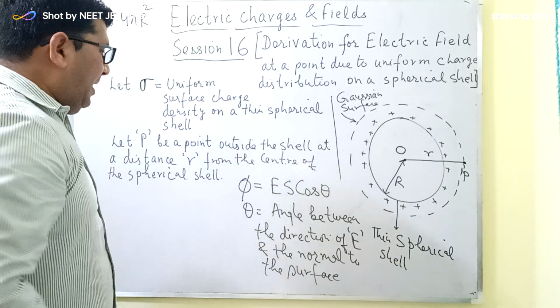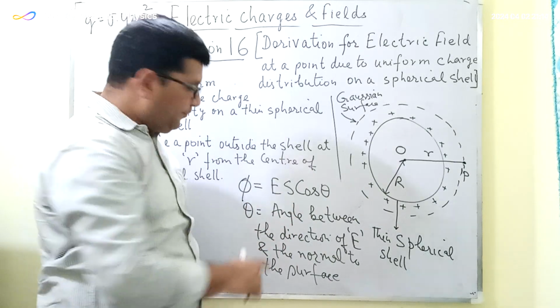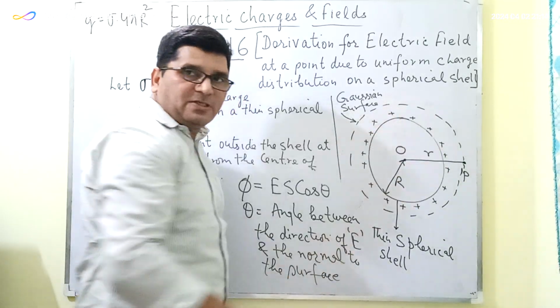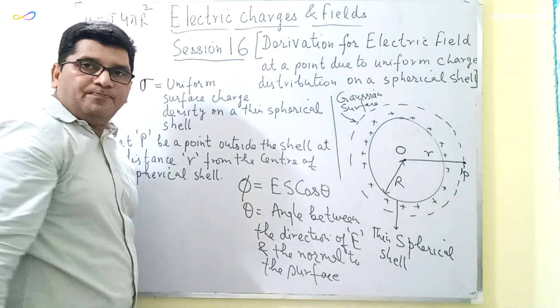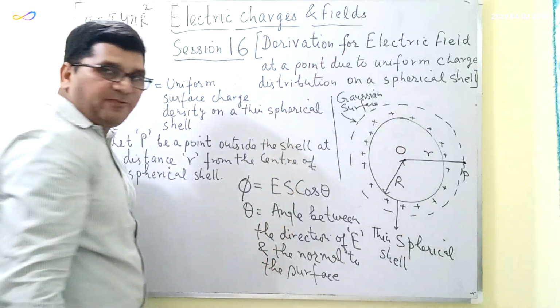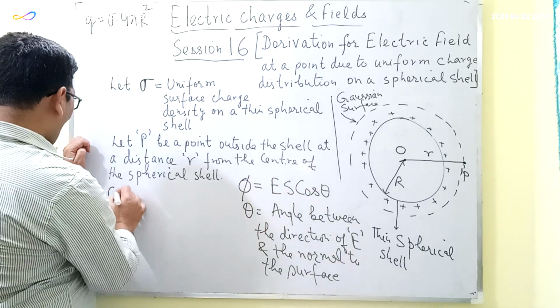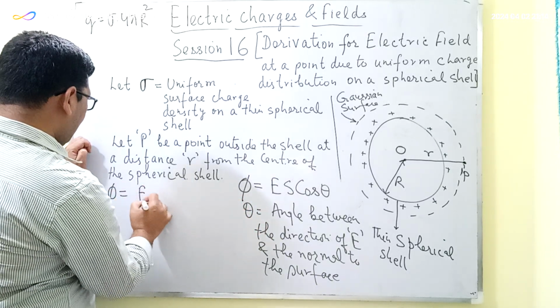Okay, and S is the surface area. Here S will be the surface area of this Gaussian surface, and E is the intensity of the electric field, and so phi will be equal to E.